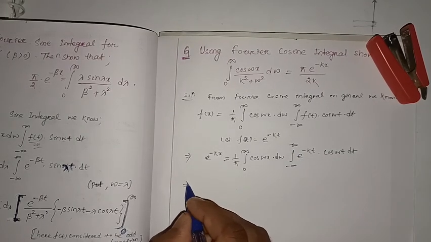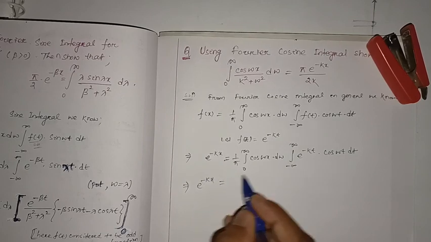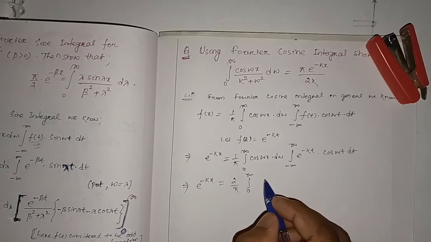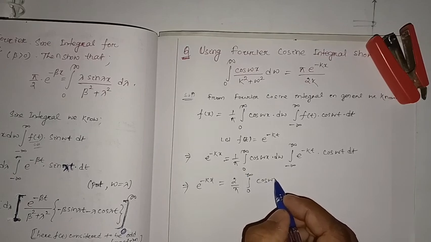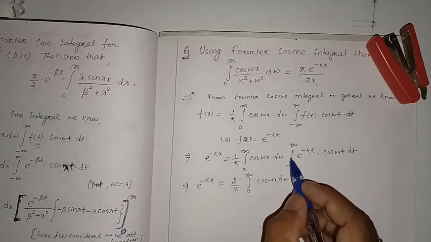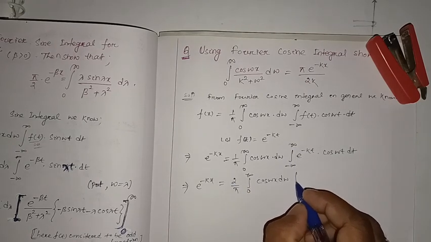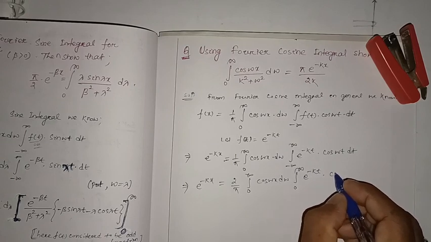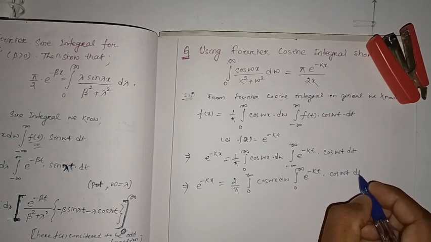So this can be written as e to the minus kx equals 2 into 2 by pi, 0 to infinity cos omega x d omega, and the minus infinity to plus infinity can be written as 2 into 0 to infinity e to the minus kt into cos omega t into dt.